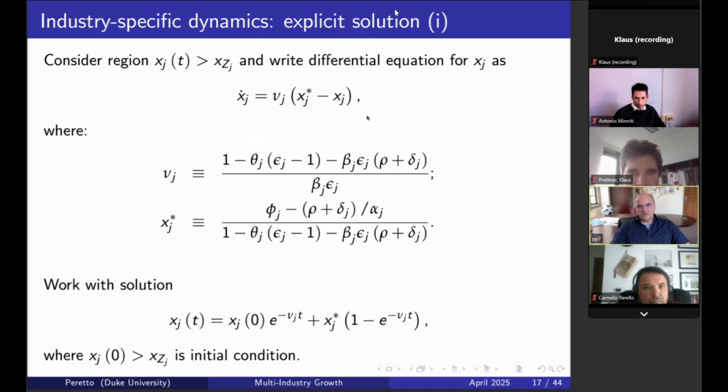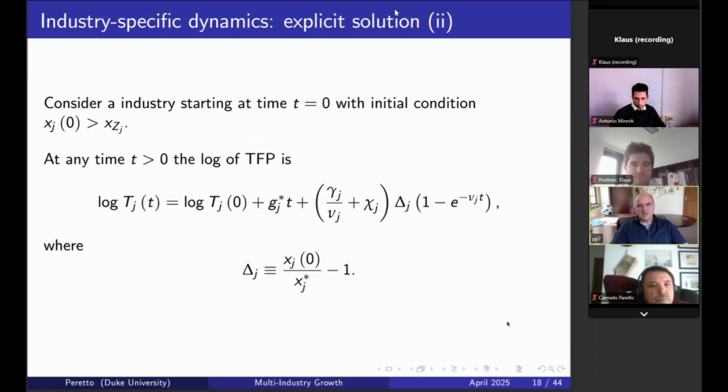Then my dynamics reduces to this super simple representation with these composite parameters. I get this solution of the linear differential equation. And then I can compute the time path of productivity, of the log of productivity within the industry, exactly as we do in the baseline model.